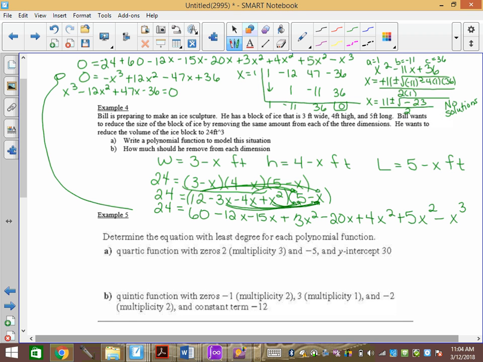Okay, so what's our only solution? X equals 1. How much should he remove from each dimension? 1 foot. Bill couldn't figure that out himself? No, Bill needed his math. No, 1 foot. Oh my. It's the only solution there is.